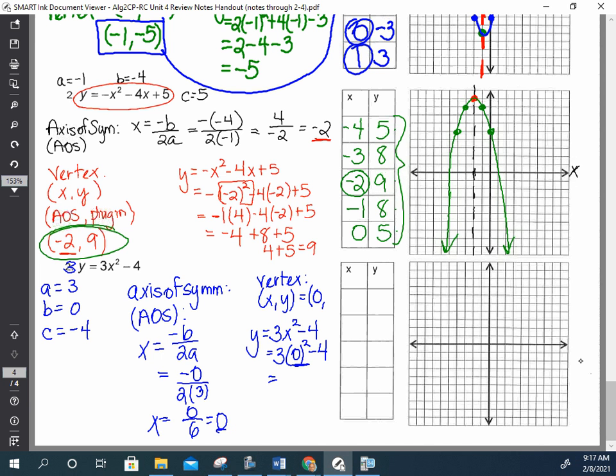So exponent comes first. 3 times 0 minus 4. 3 times 0 is 0. 0 minus 4 is -4. So there's your axis of symmetry, and there's your vertex. So that's what goes on the graph first. Put a dotted line or solid line, whichever you prefer, down x equals 0. And then put your point on -4.